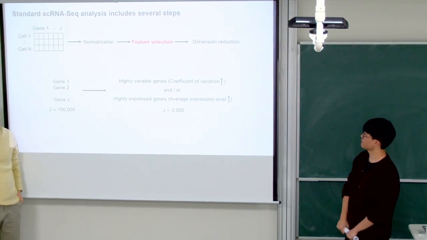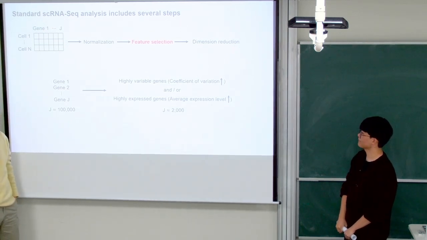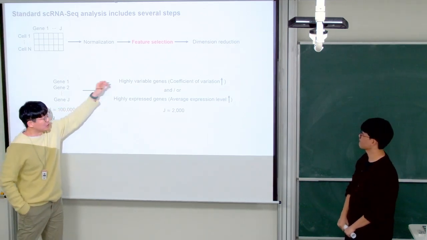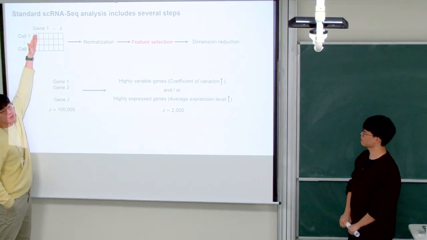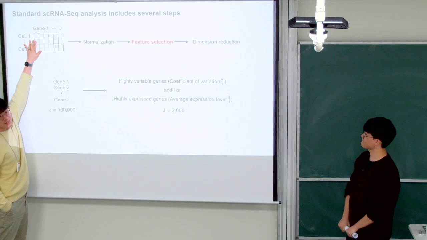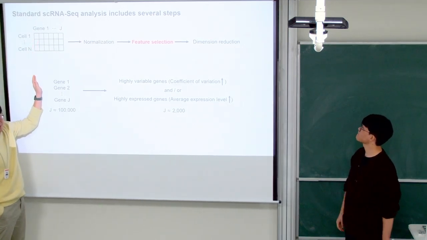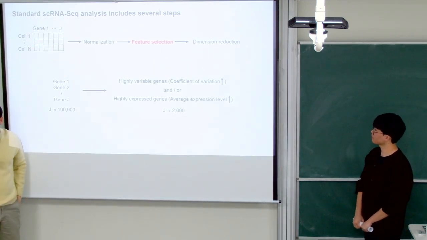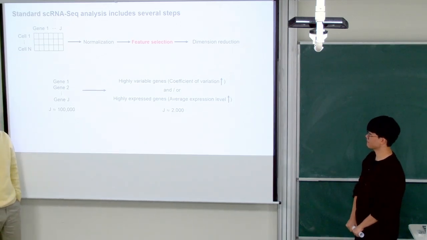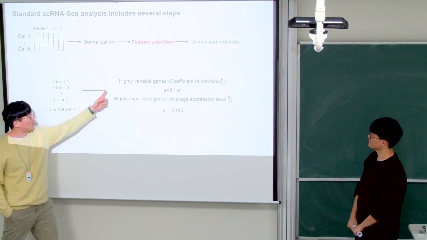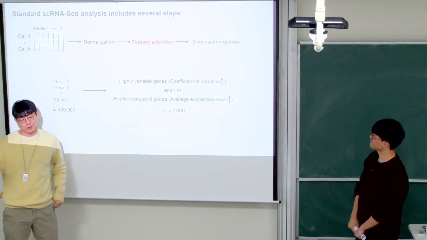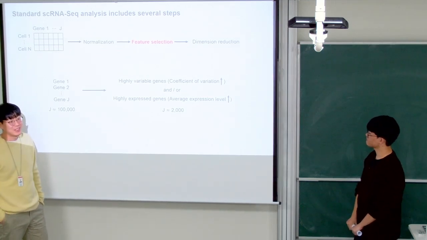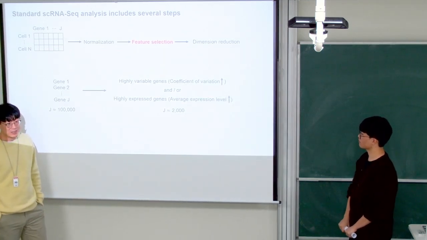Highly variable gene means that gene 1 is different across the cells. If every gene 1 is 10, 10, 10, 10, 10, we call it a lowly variable gene. If it is 10, 20, 30, 40, 50, 60, then it is a highly variable gene.